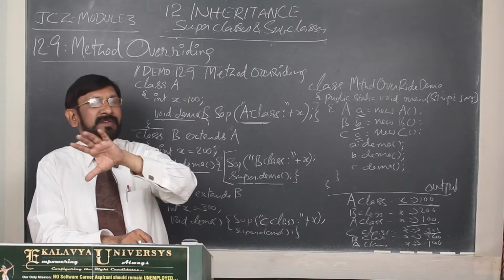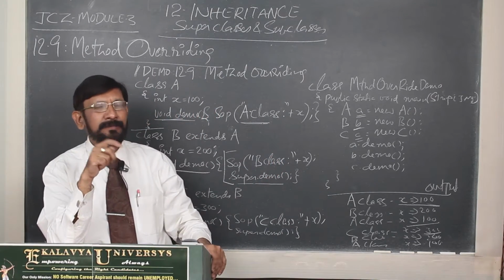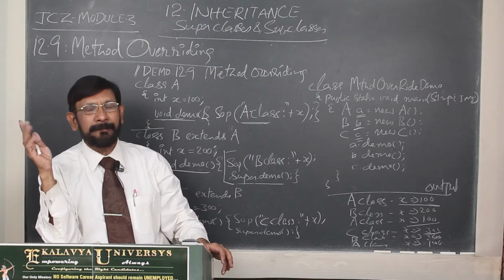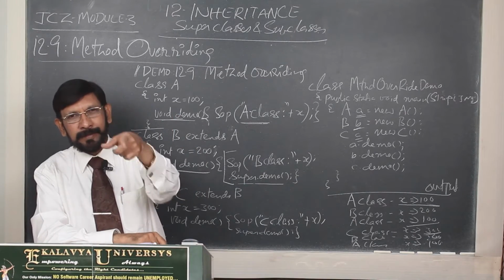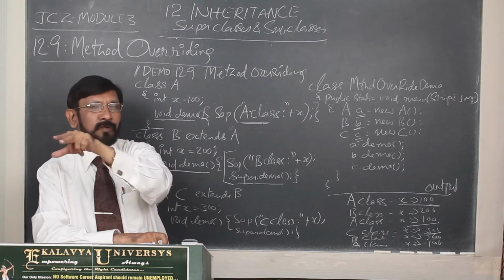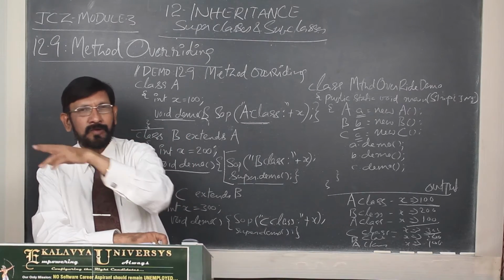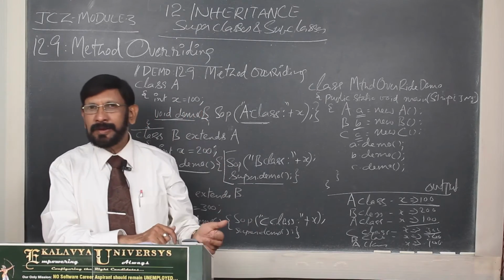As long as the signature is different, we can create n number of versions. For all versions it is calculate product only, but the signatures are different: one is int, another is float, another is float. Like that we can overcome the limitations.